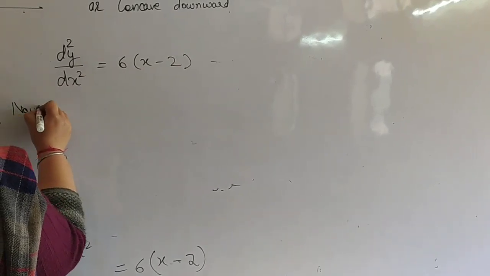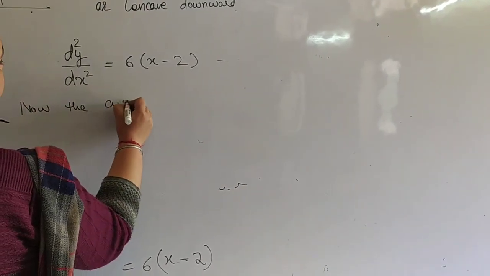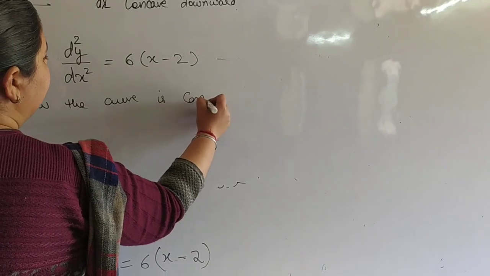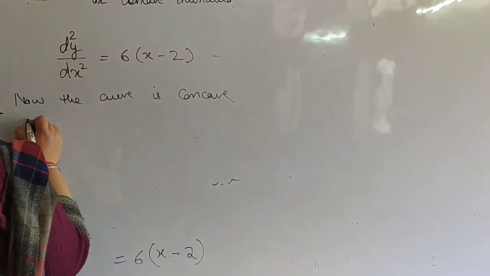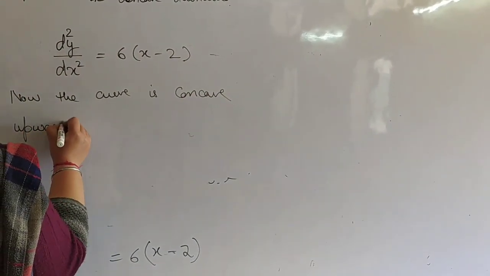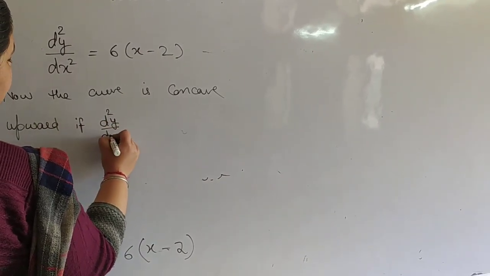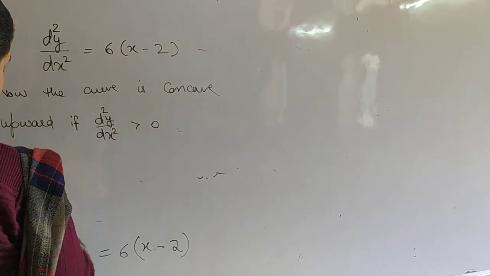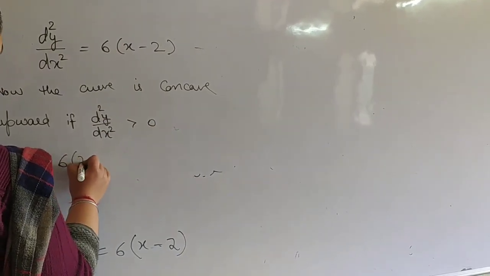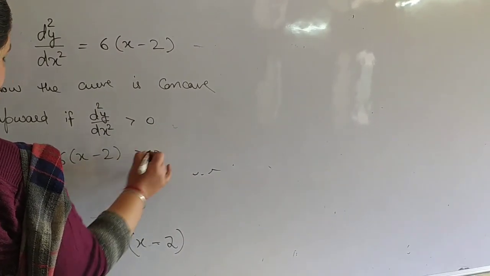Now the curve is concave upward if the double derivative is greater than 0, and that implies 6 into x minus 2 greater than 0.